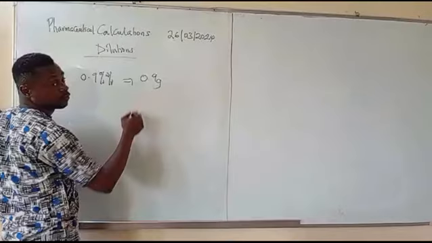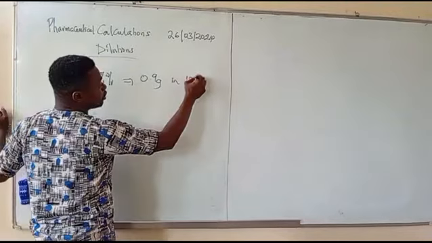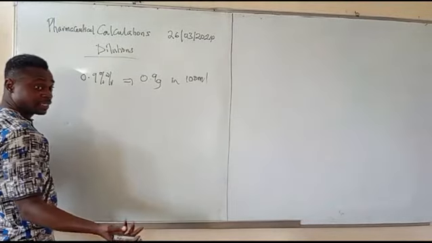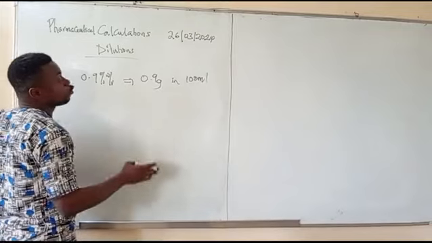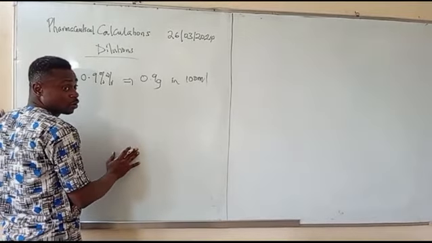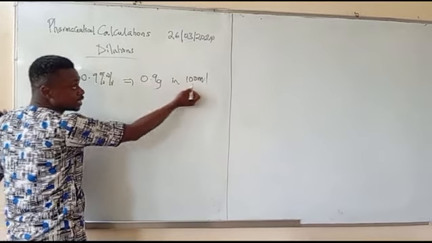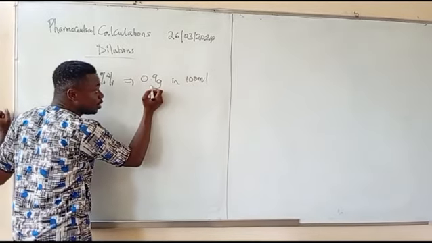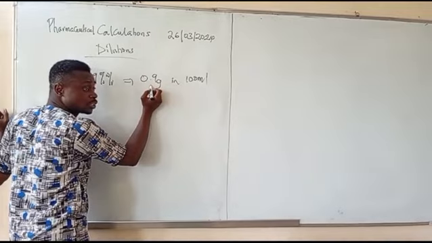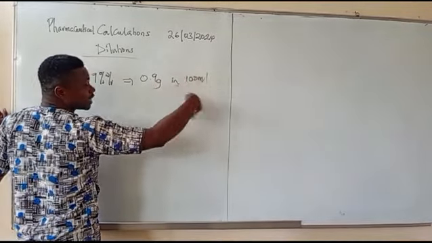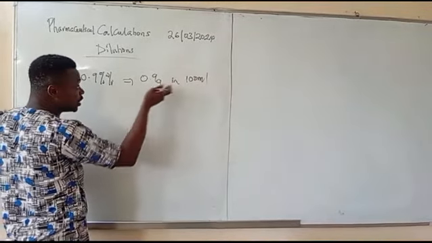Sodium chloride in 100 ml, that's the meaning, right? But let's assume we have this and we want to dilute this more. You're not changing the amount. This is the amount of the solute, which is sodium chloride, and this is the amount of the entire product, the volume.